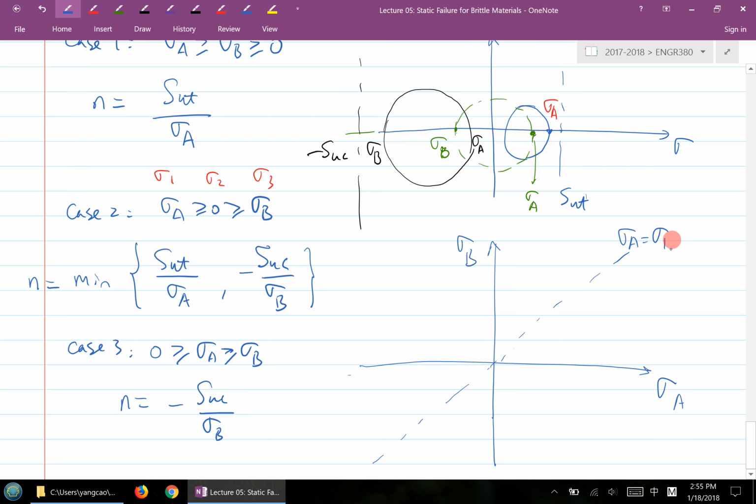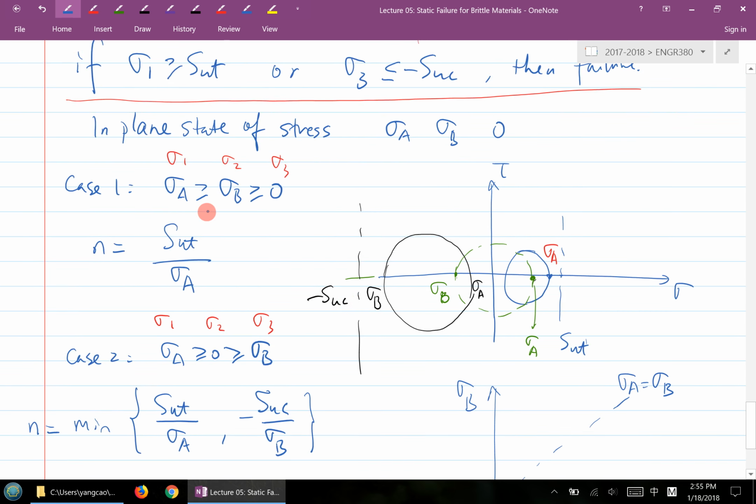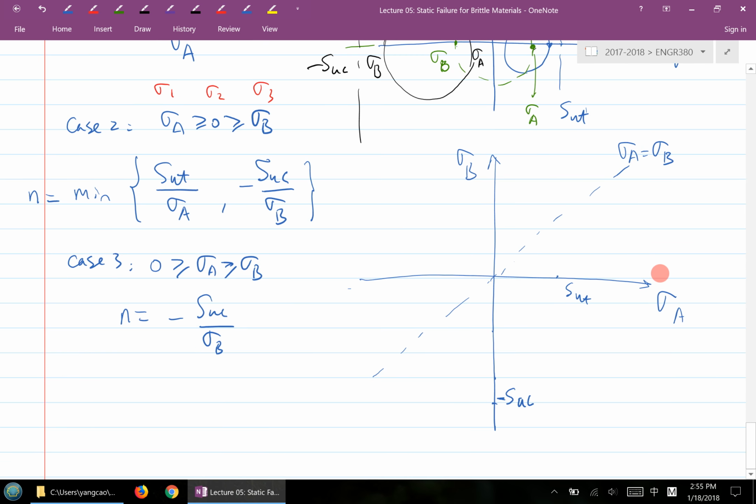First label your SUT here, and then label your SUC here, and negative SUC. For case number 1, both sigma A and sigma B are greater than 0, which is here. So you're only basically looking at this vertical line here.